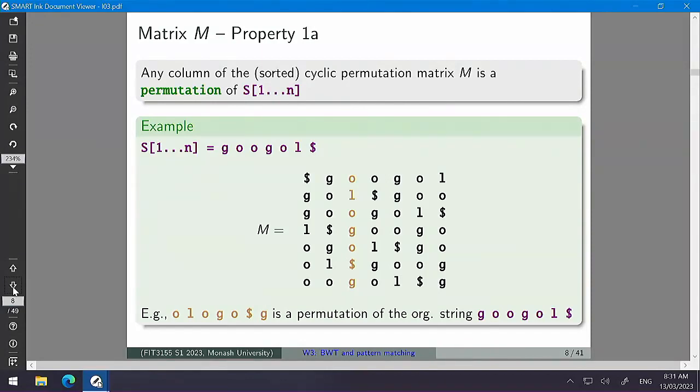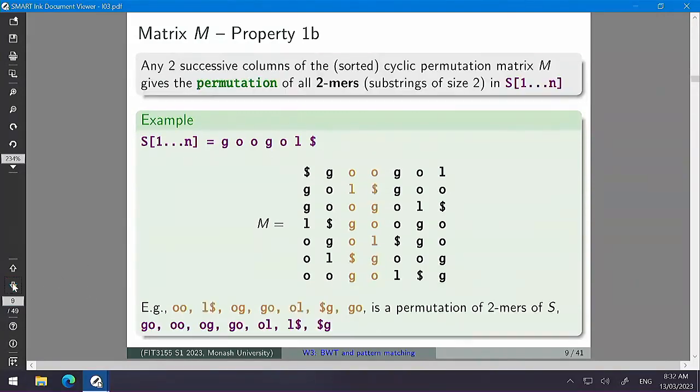They have to be, because they've just shifted them, and they're all possible shifts. So each letter would be at every column in one of the shifts. So essentially every column would be a permutation of the original thing. Can you see that? Can you see that the third column has GOO, GOL $ in some order? Similarly fourth, similarly first, similarly last, no matter what. Easy observation? Okay, now this gets interesting.